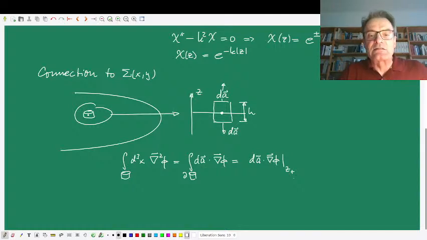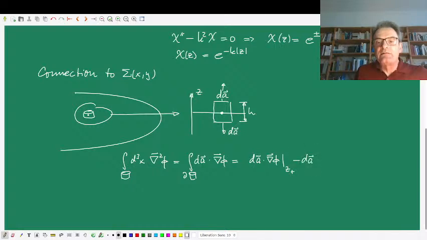This is the z coordinate at the top of the box, and I'm going to subtract dA times the gradient of phi at the bottom of the box. Okay, and the rest of the surface of the box just doesn't matter.